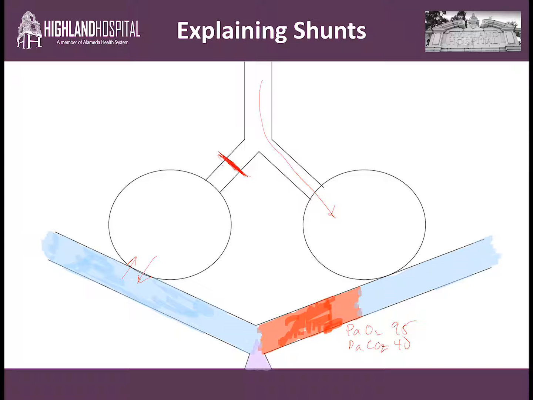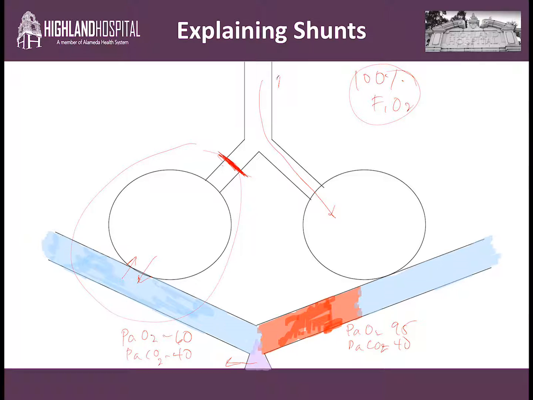So you get an admixture of blood from the shunted side and the non-shunted side, and basically you don't get enough oxygen. Your resulting PaO2 is going to be like 60, and your PaCO2 about 40.